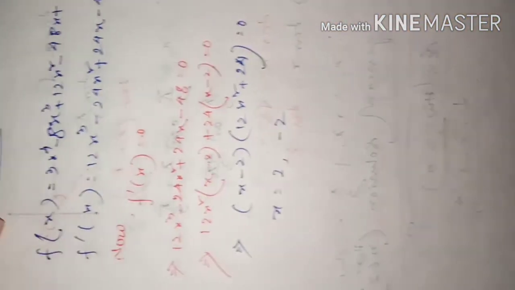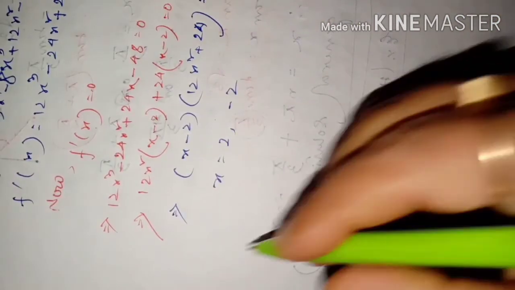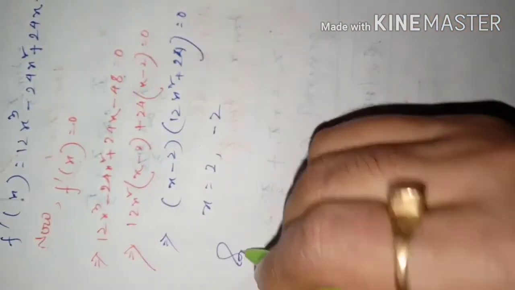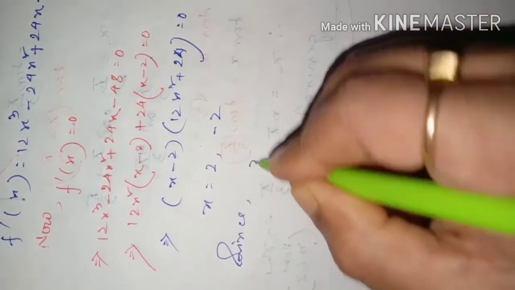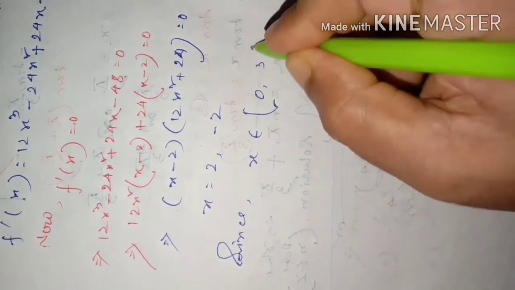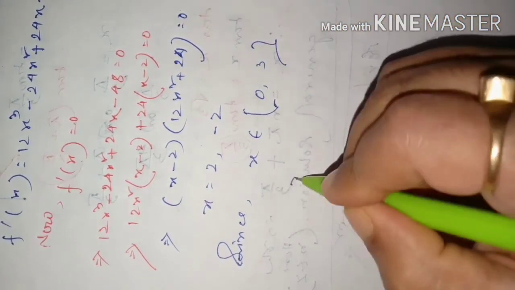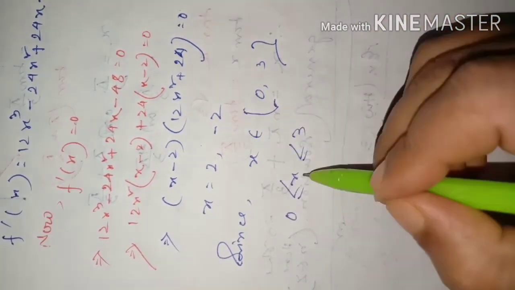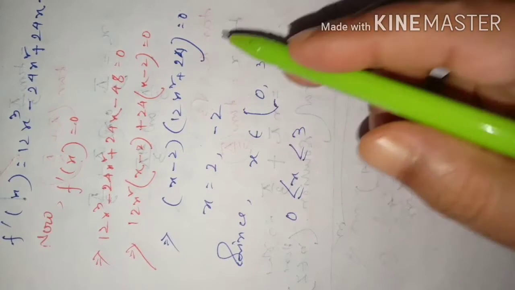Since the interval given is the closed interval [0, 3], x belongs to [0, 3], so in this only you have to look, that is, x lies between 0 and 3. Minus 2 does not lie in this, therefore minus 2 is neglected.